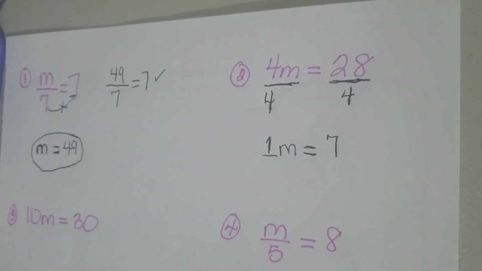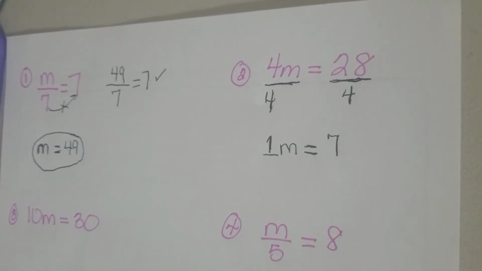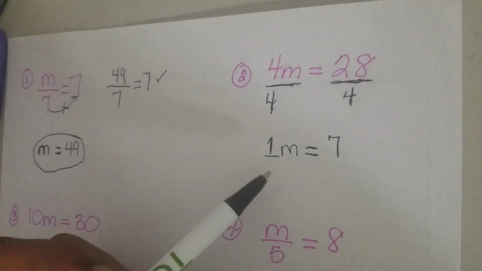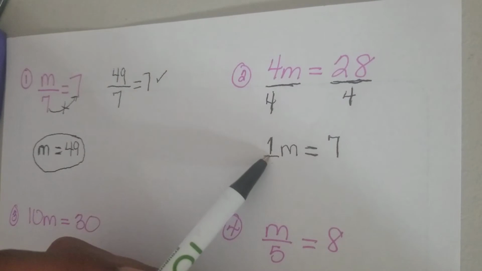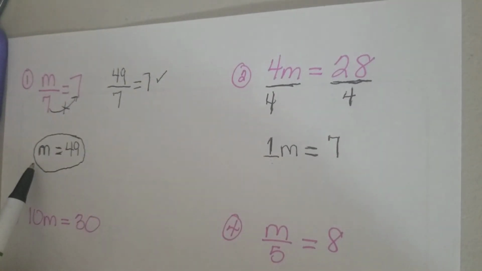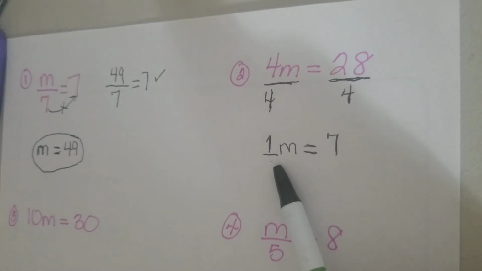Now, with the 1m, this 1 here is always implied. If we put a 1m here, that is the same answer. I know it may seem a little weird, but if there's a 1 here, you don't have to put the 1.